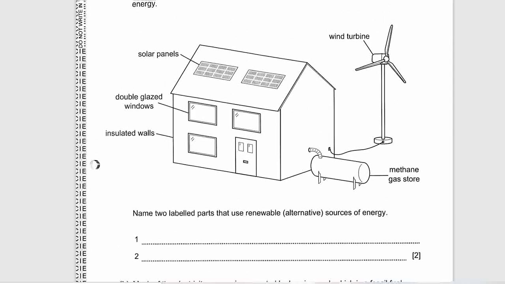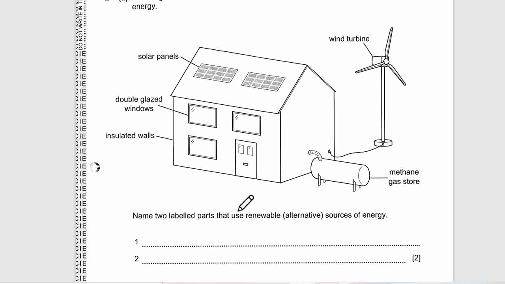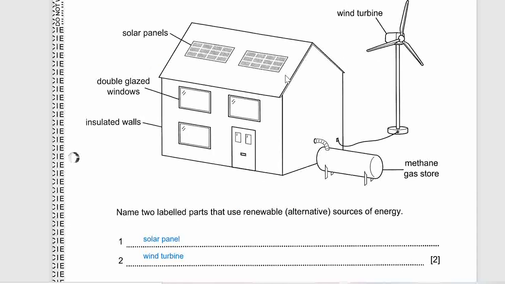You can see from the diagram here, the ones that use renewable alternative sources of energy will be wind turbine and solar panel. So we just type that in the answer slot. Our answer will be solar panel and wind turbine.